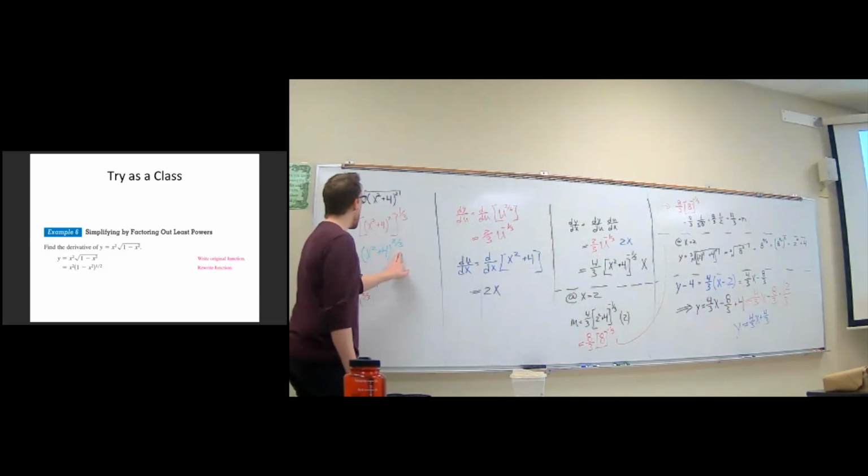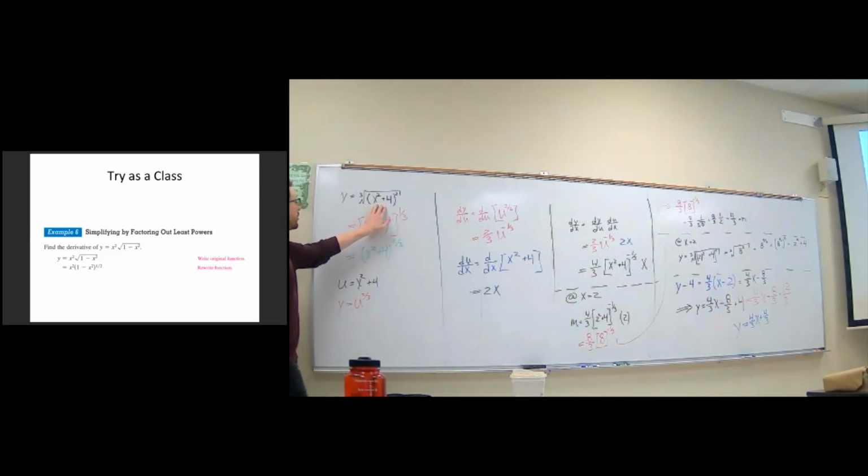Because otherwise we're gonna have u is equal to x squared plus 4, s is equal to u squared, and y is equal to the cubed root of s. Like, we would have had 3 steps in that. But by turning it back into powers, we've simplified it a lot. And that's what their point is here.